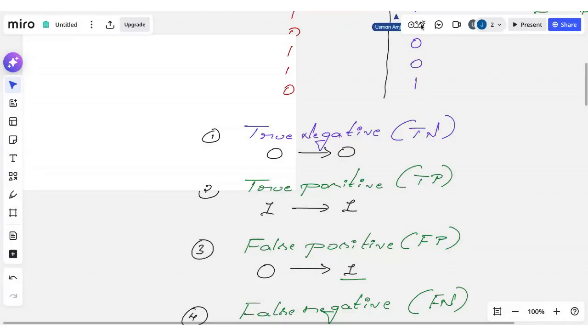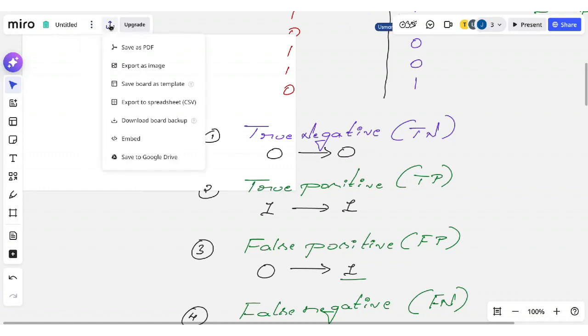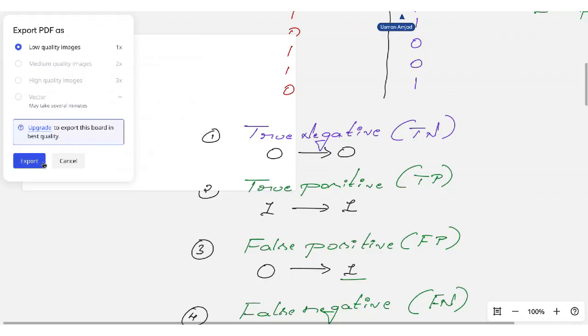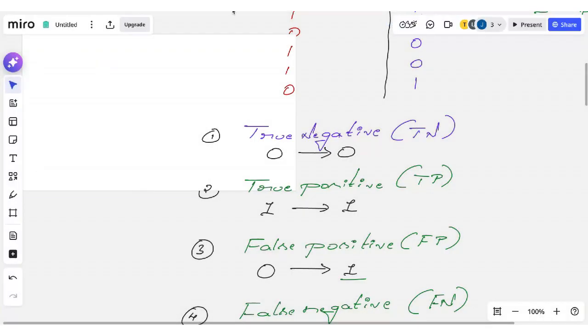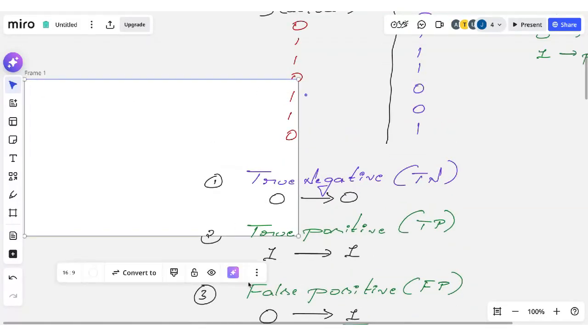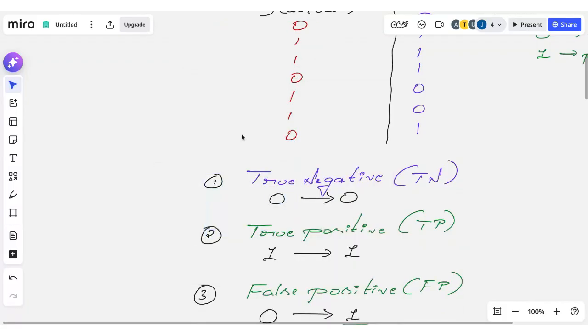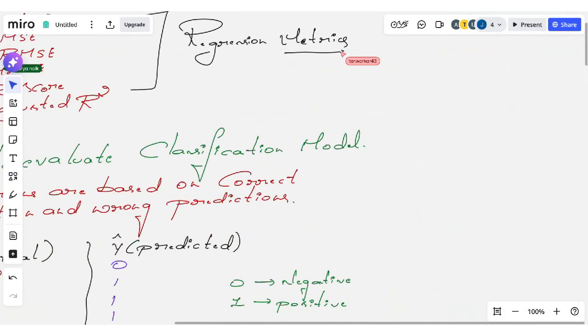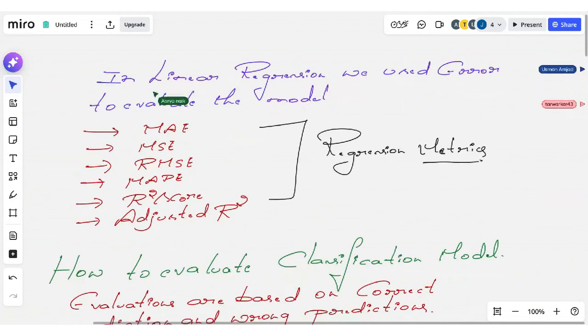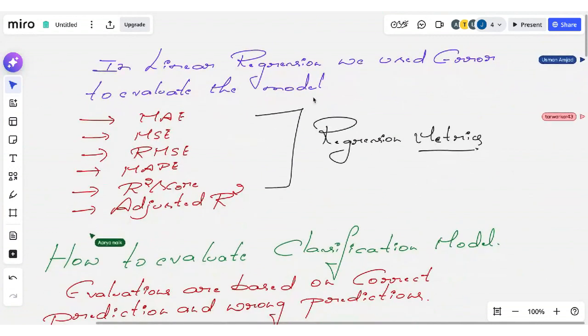Okay. All good. Shall I explain when to use what? Yes, please.